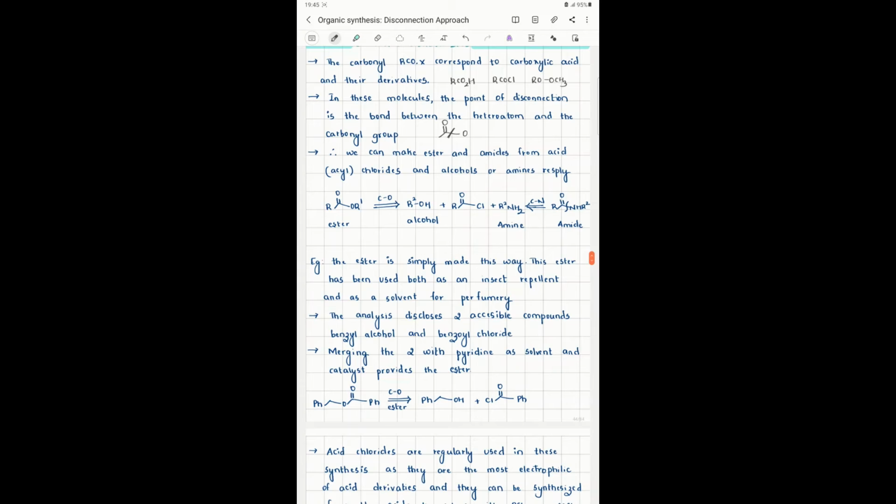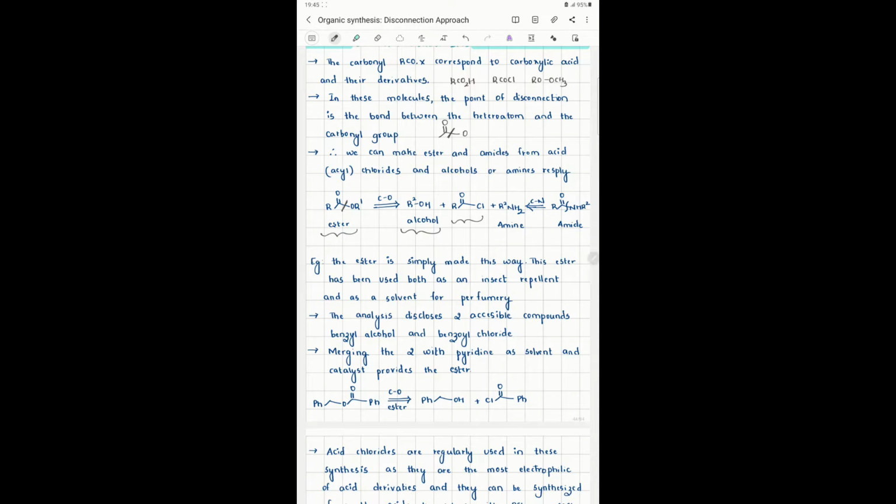Now for example, if I start with an ester, we can observe here that I can cleave at this particular position. There is a heteroatom and a carbonyl carbon. I am cleaving between C single bond O to give me one synthetic equivalent as an alcohol and the other synthetic equivalent as an alkyl chloride or acyl chloride.